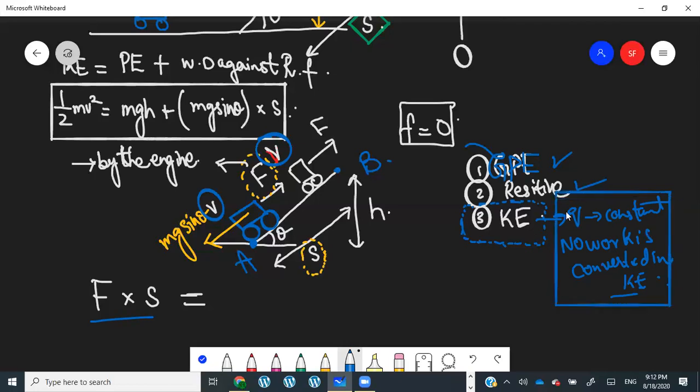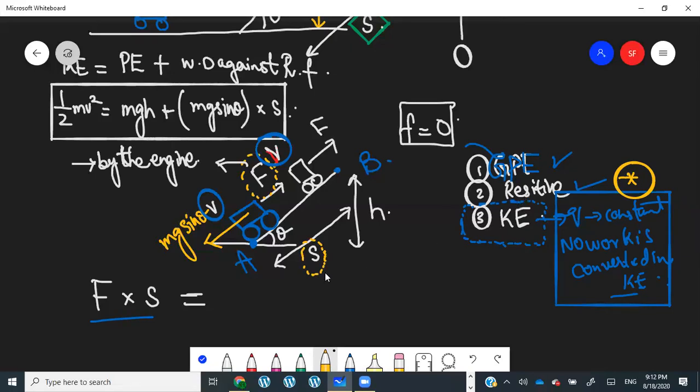A lot of MCQs are tested using this concept. Whenever an object is moving at a constant speed or constant velocity, that means we are not doing any work on it to convert it into kinetic energy. We must have been doing work into some other forms of energy, but no work is done to increase the kinetic energy.